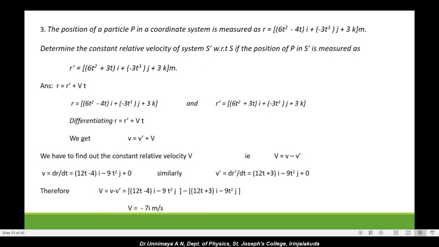So the position coordinate of the particle P with respect to S frame is R. Similarly, the position coordinate of the particle P with respect to S prime frame, the distance from the origin to P, we took as R prime. Then we write the equation R is equal to R prime plus Vt, where V is the velocity with which the S prime frame moves. So നമുക്ക് തന്നിട്ടുള്ളത്, ആറും തന്നിട്ടുണ്ട് ആർ പ്രൈമും തന്നിട്ടുണ്ട്.